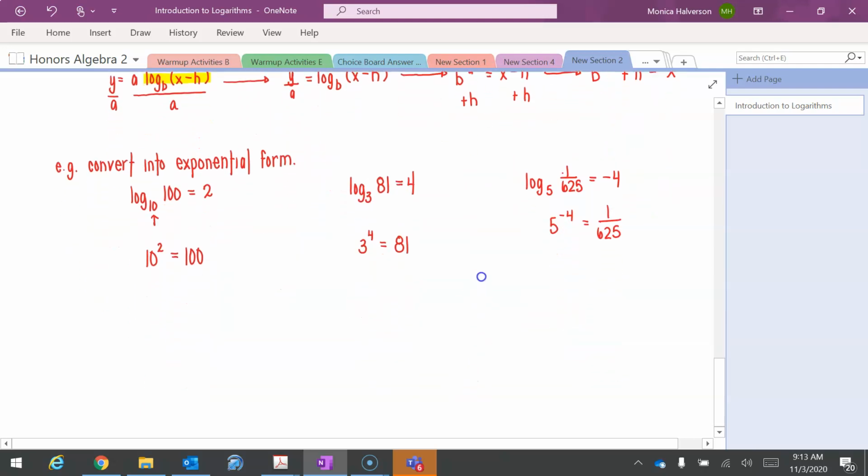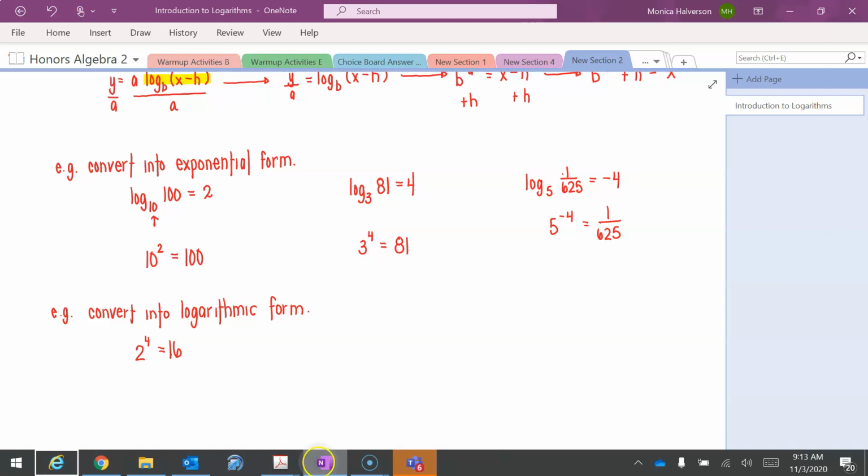So you want to keep saying that if you have to go in the opposite direction. Convert into logarithmic form. And let's say you had the example 2 to the 4th equals 16, and you were asked to convert that into logarithmic form.